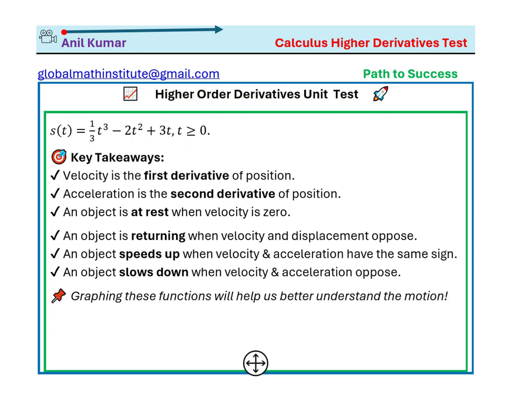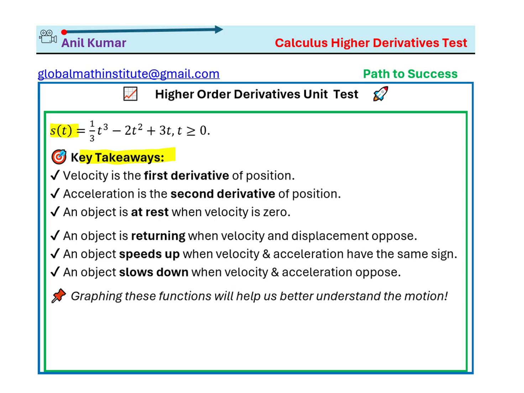Before that, let's take what basically you need to understand before getting into the solution of these questions. First key takeaway is that velocity, as you know, is the first derivative of position. What we are given here really is the position of a particle, in this case, a car.